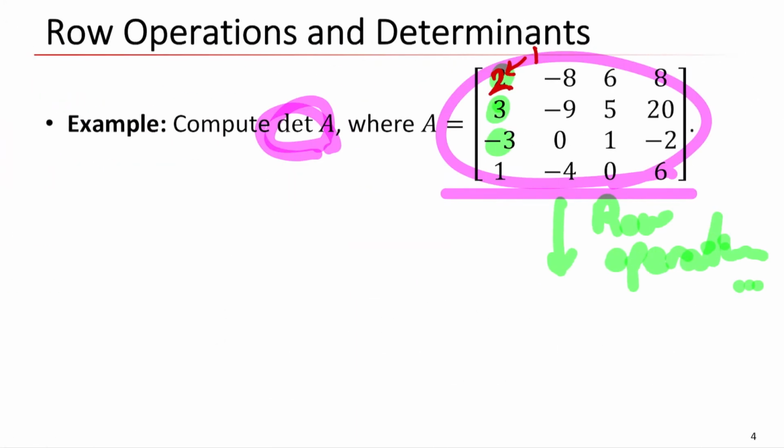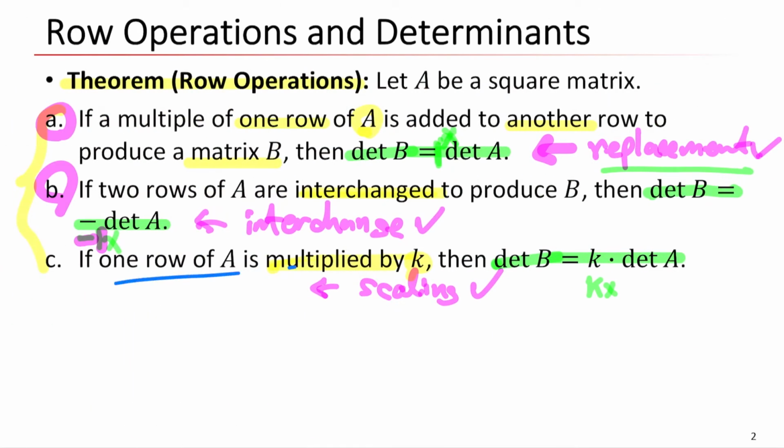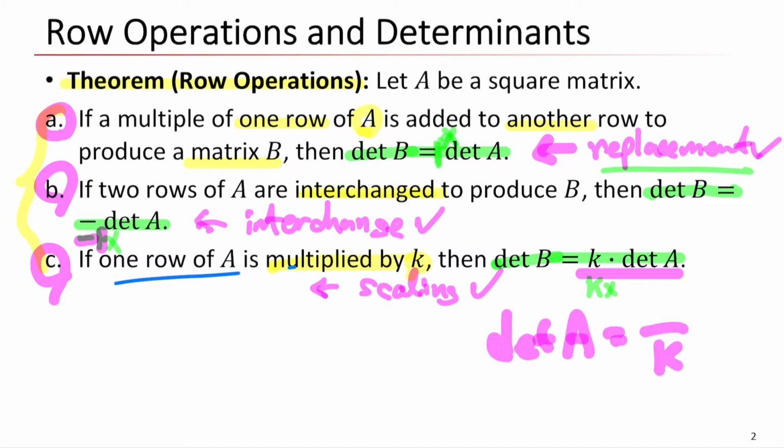To make this one a value 1, we have to use the scaling here, right? So if we apply the scaling operation, the determinant of the output should be k times the determinant of A. So in other words, determinant of A is equal to 1 over k times determinant of B, right?